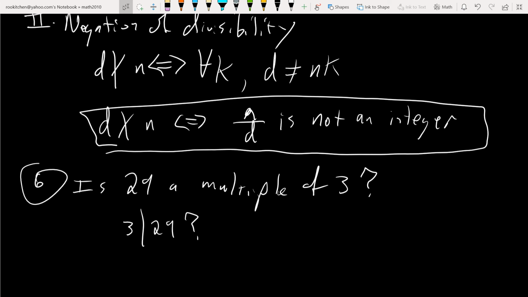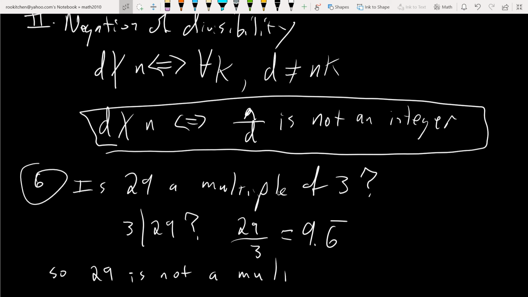So consider 29 divided by 3. If you put that into your calculator, you get 9.6 repeating, which is clearly not an integer. So it is not a multiple of 3.